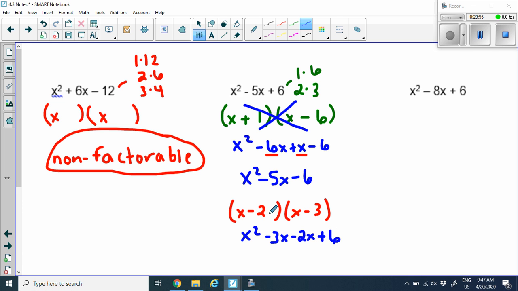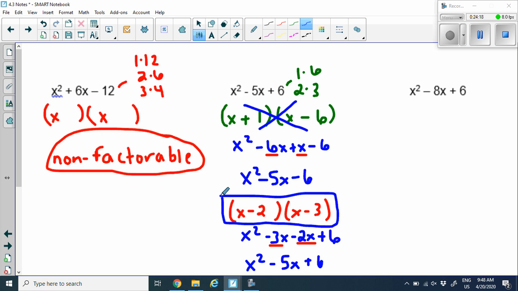Definitely be careful on that multiplication. Remember, two negatives give me a positive. So now I combine my like terms, and then I get x squared minus 5x plus 6, which is exactly the same thing as we had in our original problem. So x minus 2 times x minus 3 is the correct factorization.